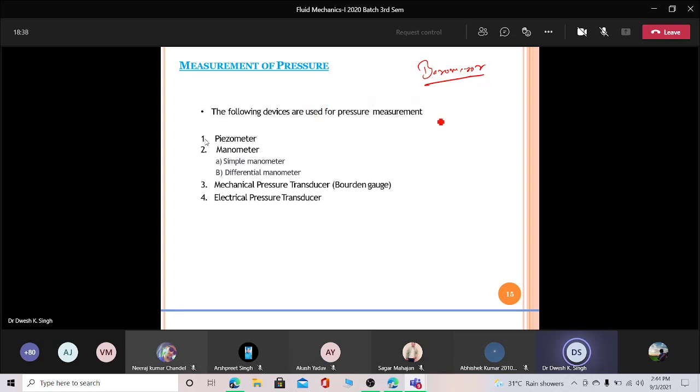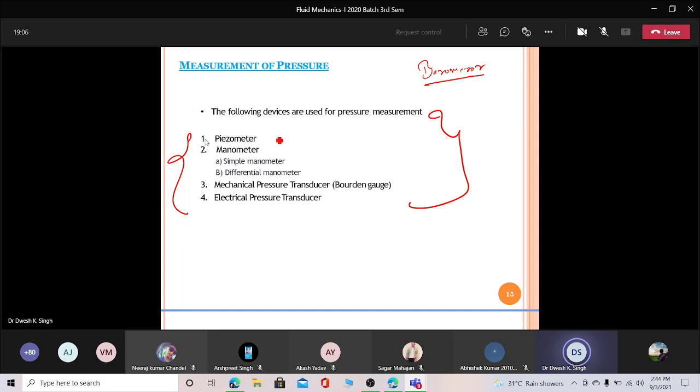But what we are going to start now are the devices generally used to measure pressure in a system based on fluid flow, fluid mechanics, like water flowing through a pipe. What is the pressure inside the pipe? These are the instruments used for measuring pressure in your fluid system.